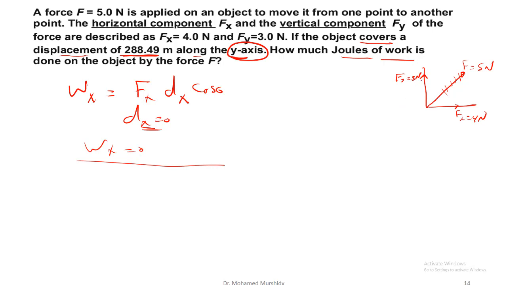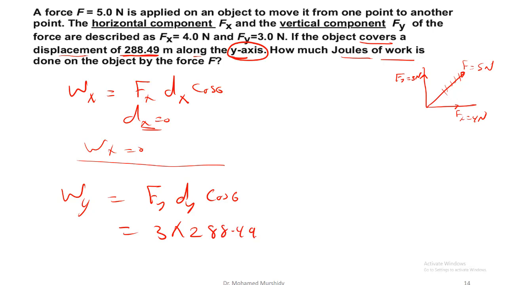Now we're going to find the work done in the y direction. Wy equals Fy dy cosine theta. Fy is 3 Newton, dy is that distance, 288.49, times cosine theta.